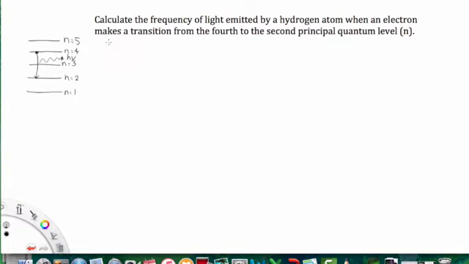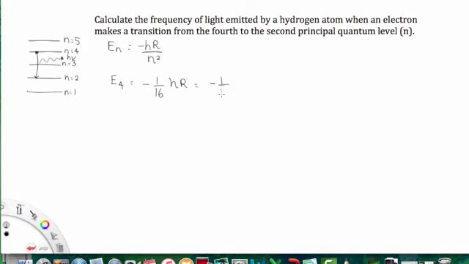So the first thing we need to write out is the equation that I showed you from before, En equals negative hR over n squared. In this case, we're looking at the fourth energy level, and so for this, it becomes negative 1/16, since it's n equals 4 and 4 squared is 16, times hR.